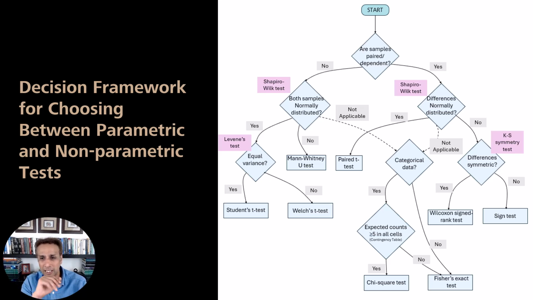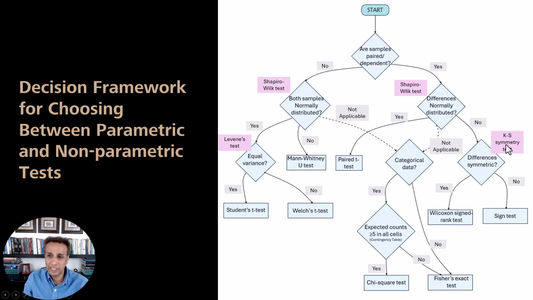So this is a decent, I hope, flowchart that you will find useful. And the ones in pink, like the Shapiro-Wilk test, which we will be using, are the tests that help you quantify whether something is normally distributed or not. Levene's test, for example, can tell you if the variance is equal or similar between both data sets. And the KS symmetry test, in a way, this is not really a symmetry test.